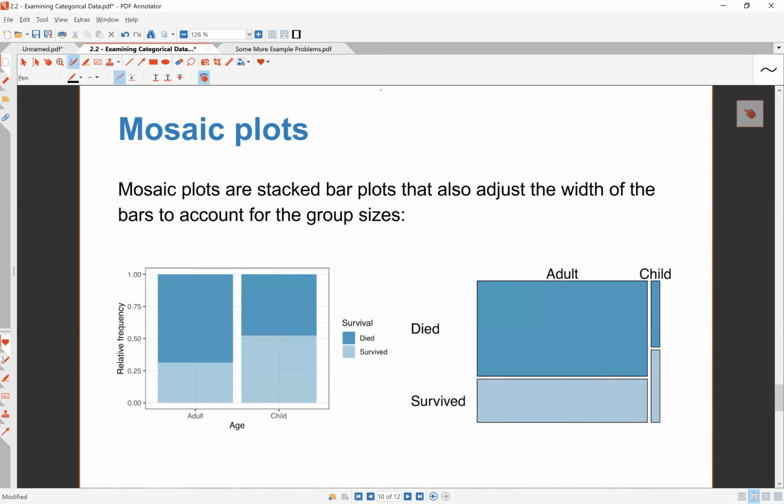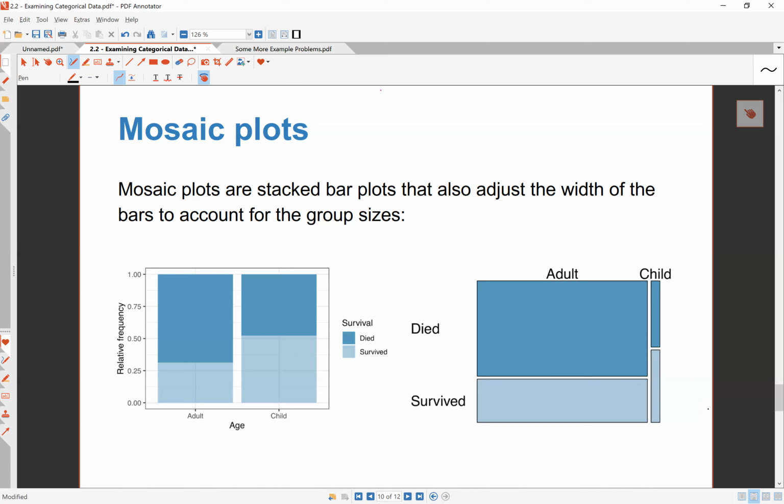There is one kind of plot that tries to capture all of the possible information. And I think it can be very useful, but it can become really tedious and cumbersome to read. And that is something that's known as a mosaic plot.